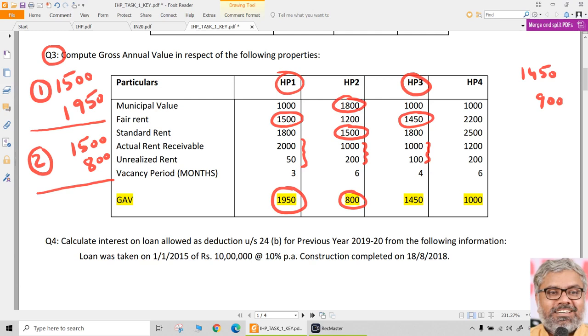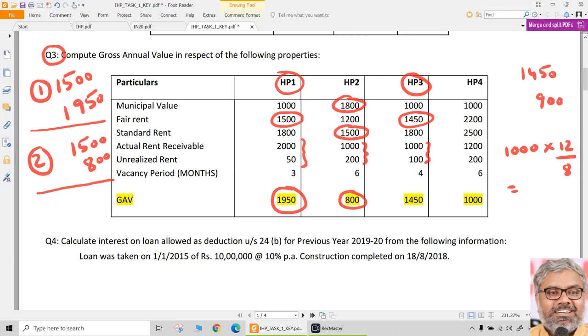How much would have been the ARR if there was no vacancy? Once again, you have to make an imaginary calculation. 1000 rupees you received for 8 months. How much would you have received for 12 months? 8 months, how would we know? Because vacancy is 4 months, let-out period is only 8 months. So if 1000 is for 8 months, how much would it be for 12 months?